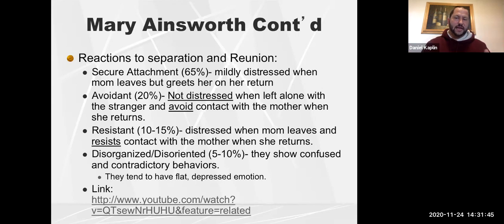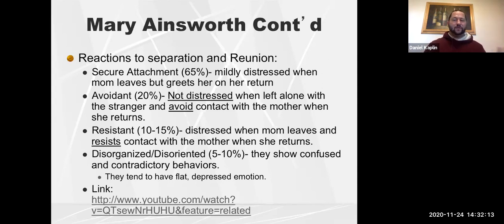In a resistant attachment, they're profoundly distressed by mom leaving. And then when mom comes, not only do they avoid contact from her, but if mom tries to approach, they're going to push her away. They resist her, and that might occur through pushing, kicking, biting, demonstrating they're upset with the caregiver.